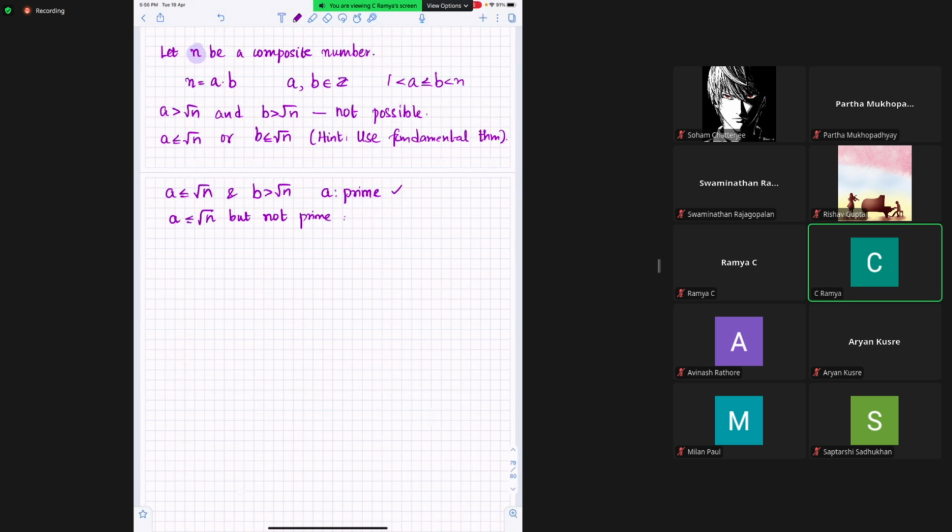From the fundamental theorem, we know that there is a prime divisor for a. Let's call that q. D is used for GCDs. So q is a prime divisor of a, because a has a prime factorization, and q also divides n.